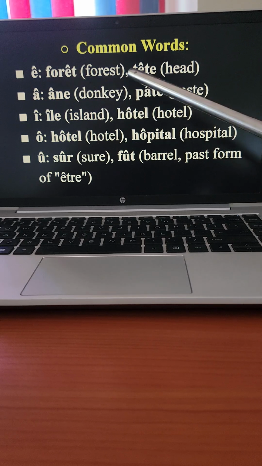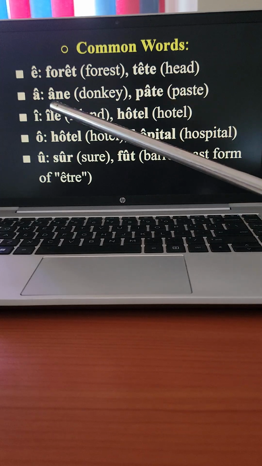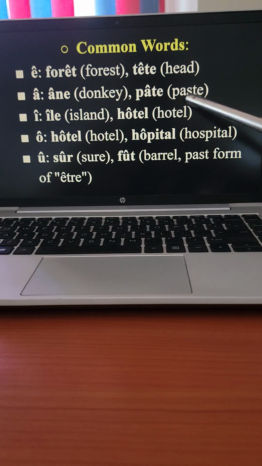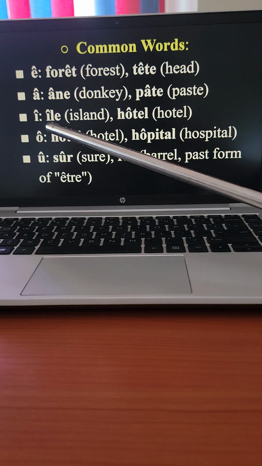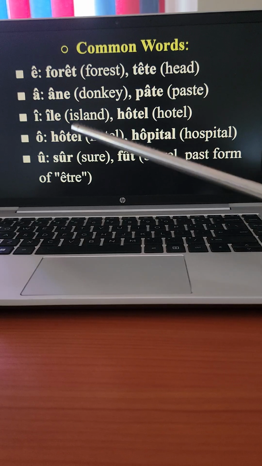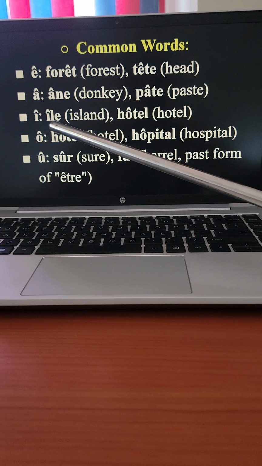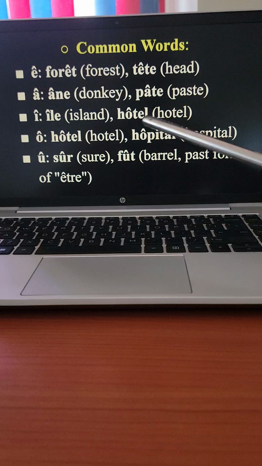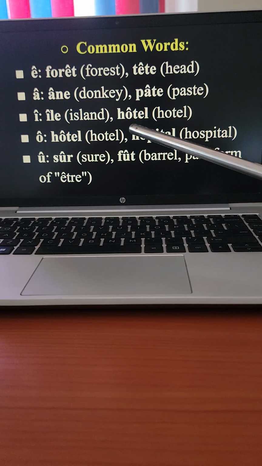Forêt, tête, âne, pâte. You can see the S which used to be there. Pâte. Île, you can see even in English there is some S, the S is there, like isle. Hôtel, used to be also called hostel.